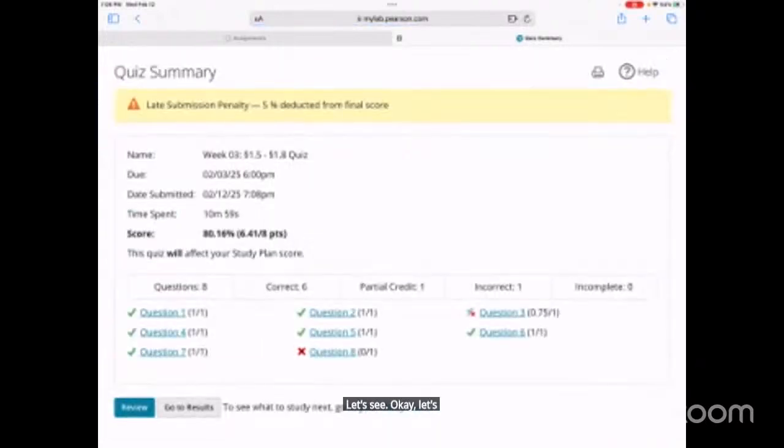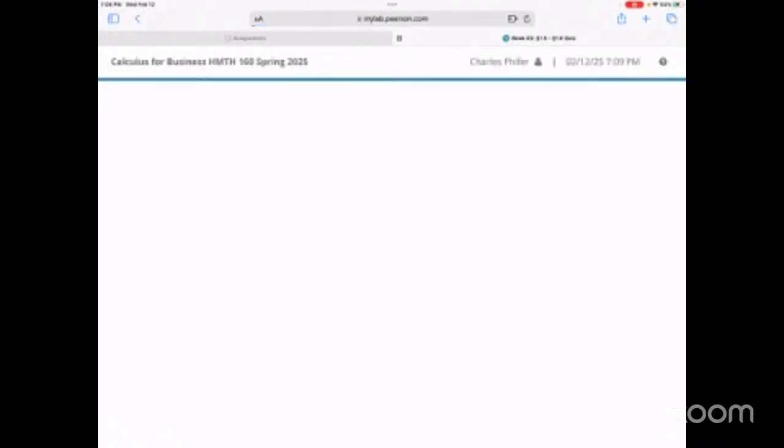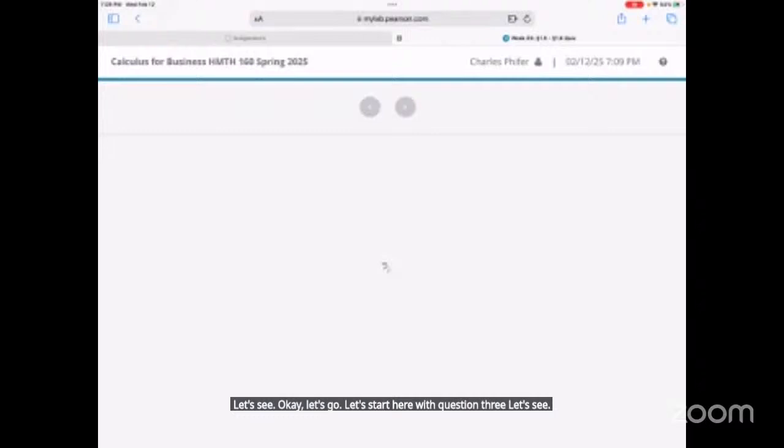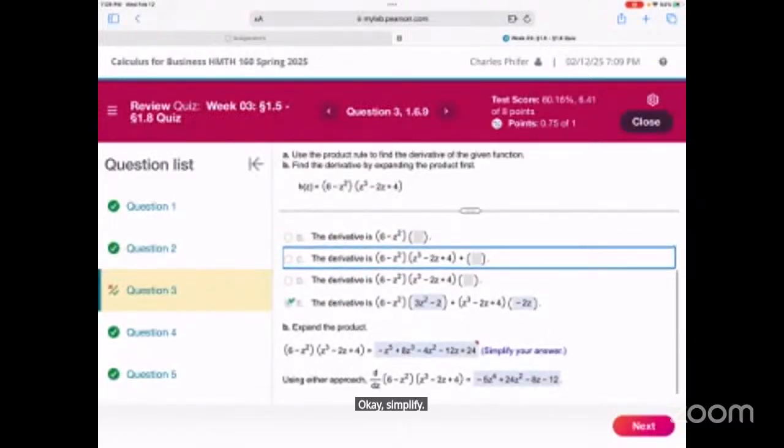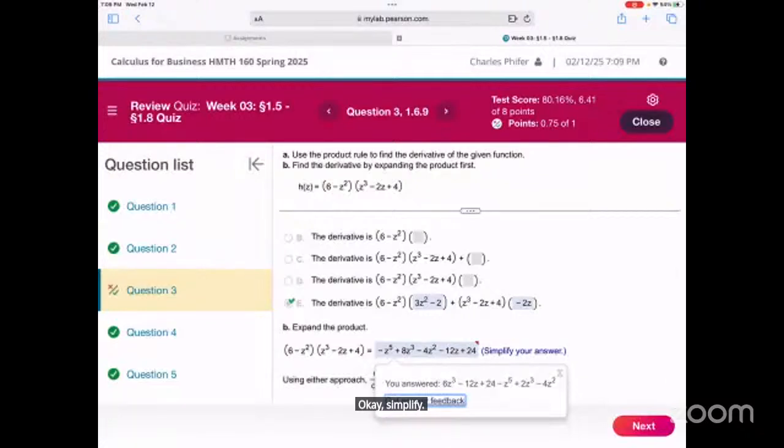Let's start here with question 3. Okay, simplify. Oh, we didn't simplify. Yeah, because the 6z and 2 would be an 8. I think that's the only one. 8z cubed. Everything else is fine, we just didn't simplify there.